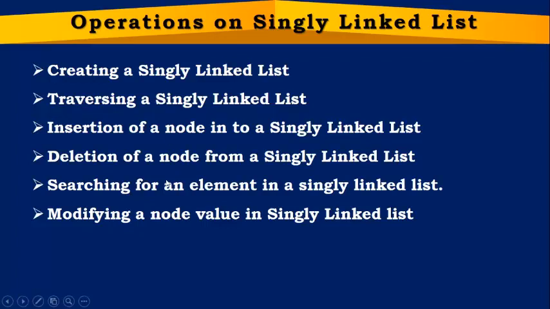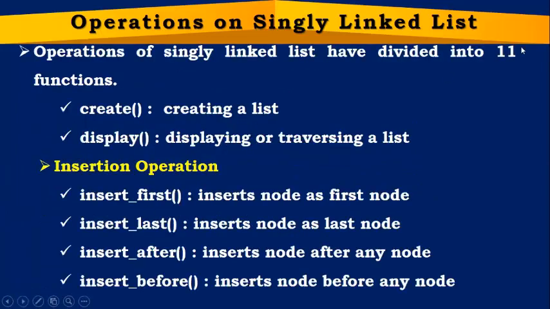But when you are implementing these operations as a program, then all these operations are divided into 11 functions. The first operation is creating a single linked list, which is done in the C program with the help of the create function. That means if I call the create function, then it is in a position to create any number of nodes.